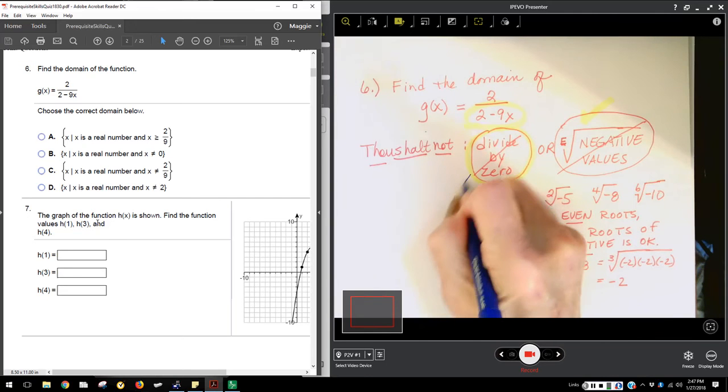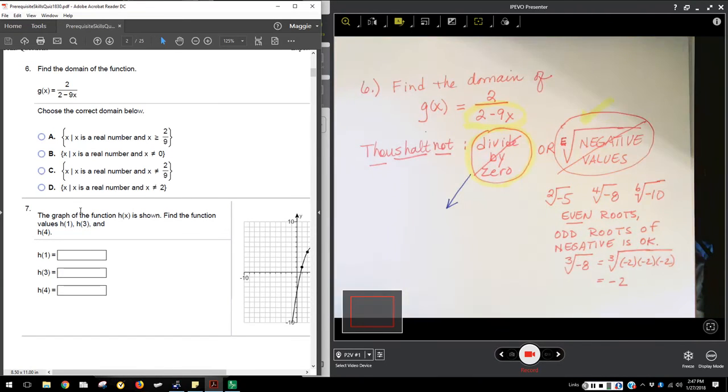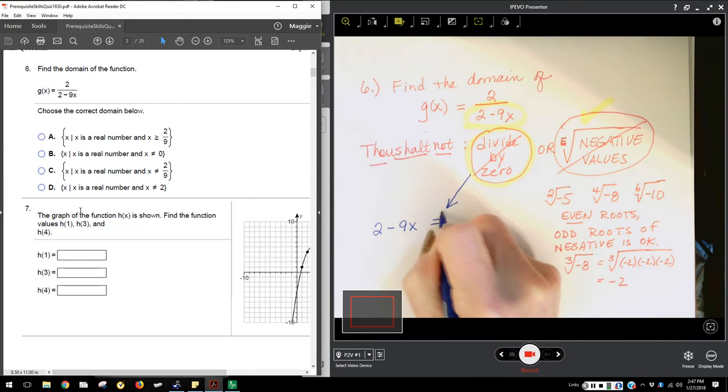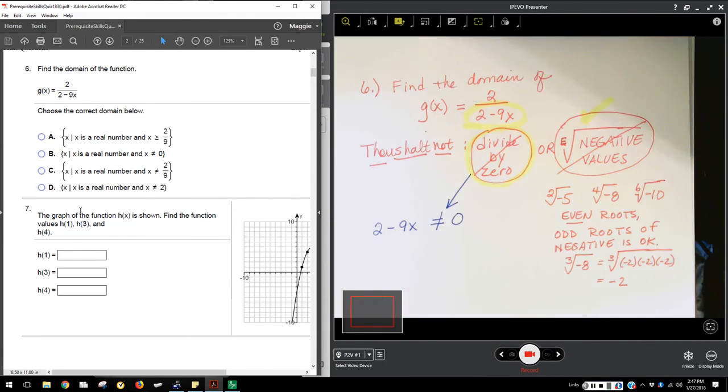So that rule tells us that 2 minus 9x is not allowed to be 0. That cannot be allowed to happen. And if we don't allow that to happen, then that means that 2 cannot be equal to 9x, which means that x cannot be equal to 2 over 9. That is the exclusion.